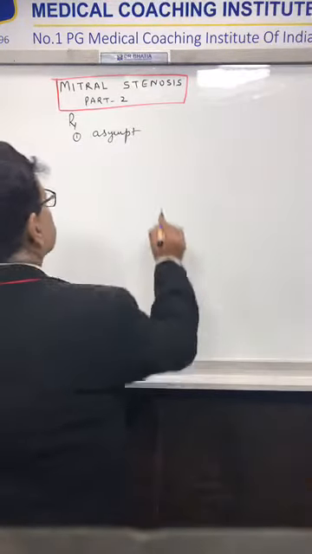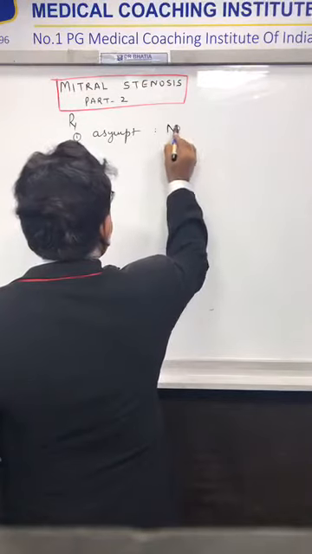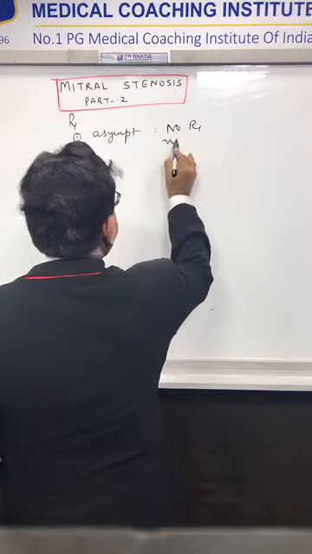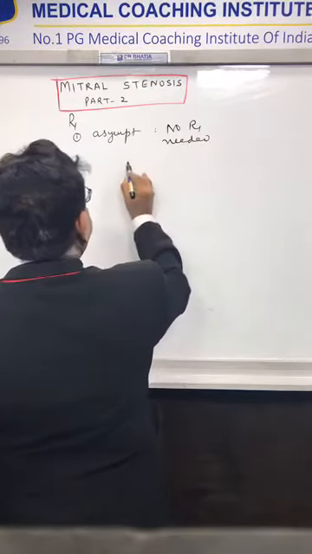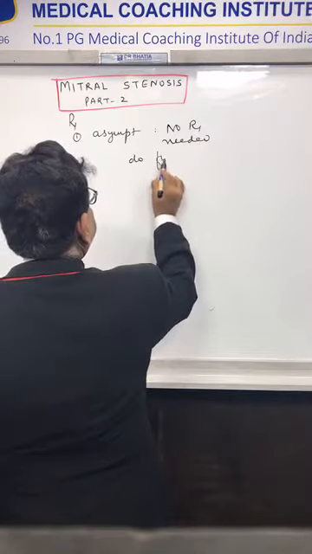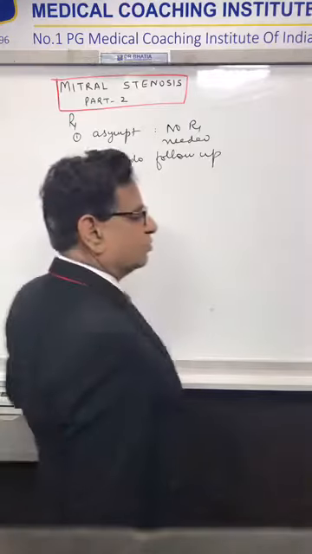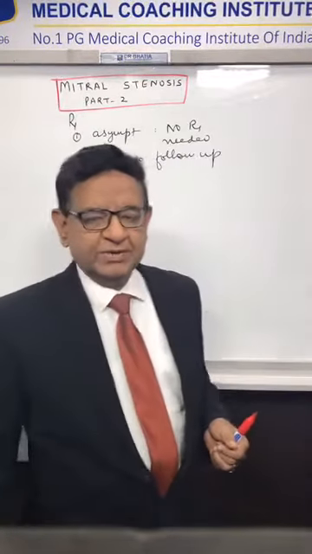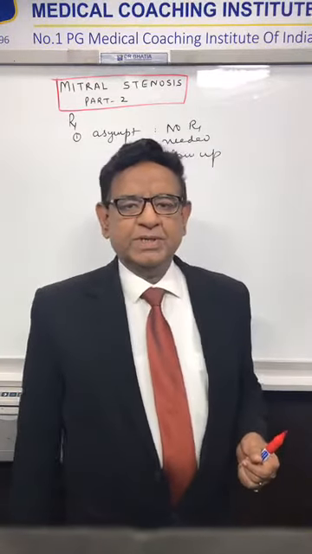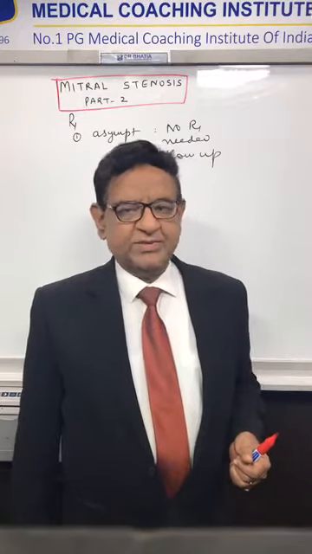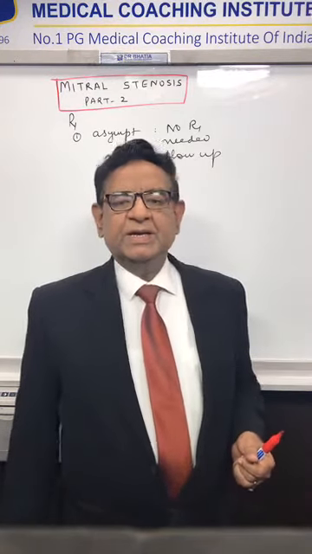Then no treatment is needed. Just do follow-up. You tell the patient to come to you every 2 months, or if you have any problem, come and consult me. Otherwise, no specific treatment.